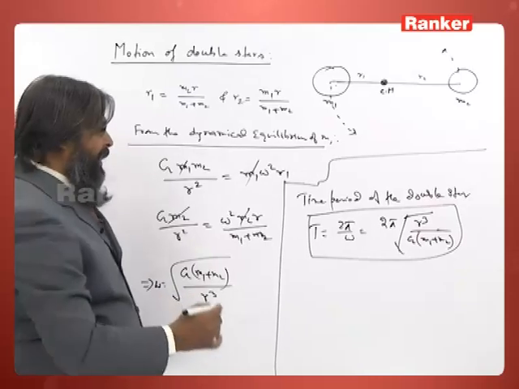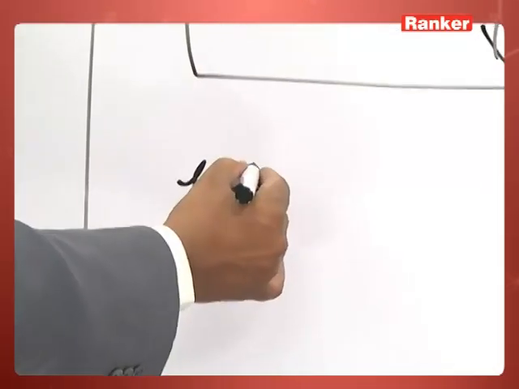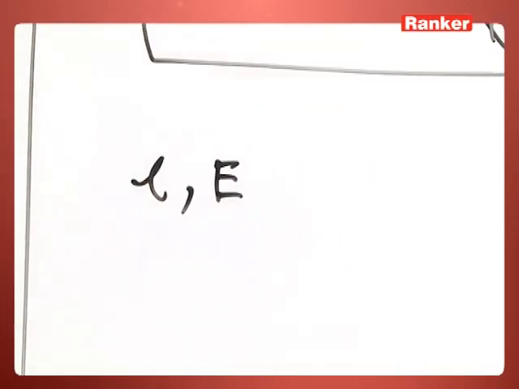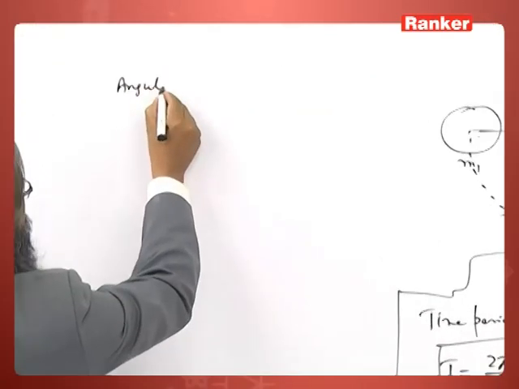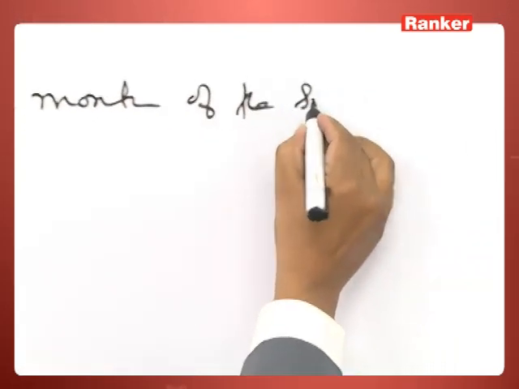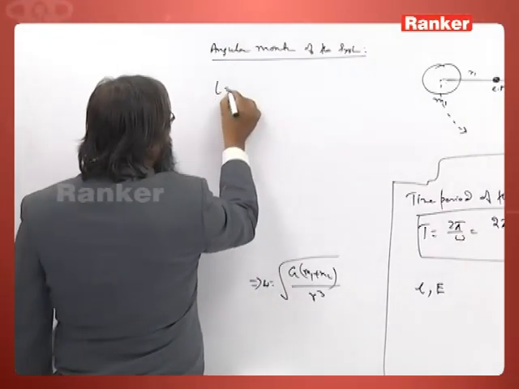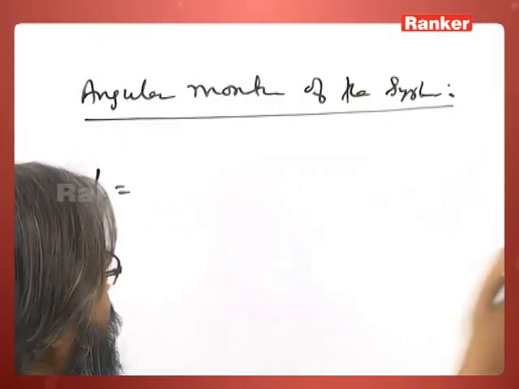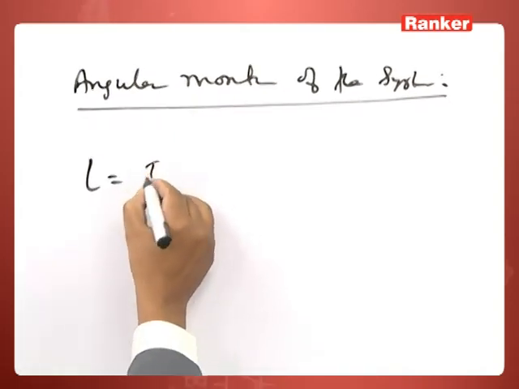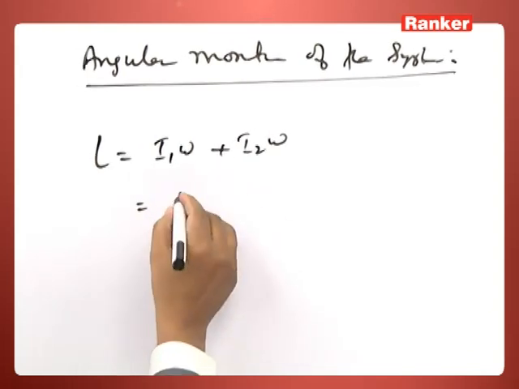Now let us calculate the angular momentum and the energy of this double star system. Angular momentum of the system: L is equal to, now two masses are there, so I1 omega plus I2 omega. Omega is the same.